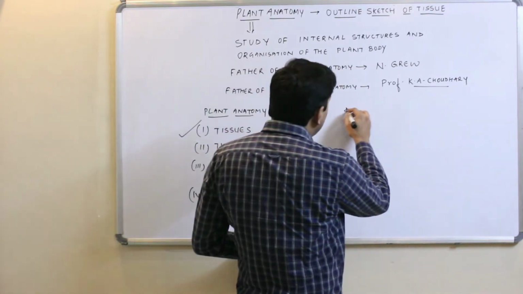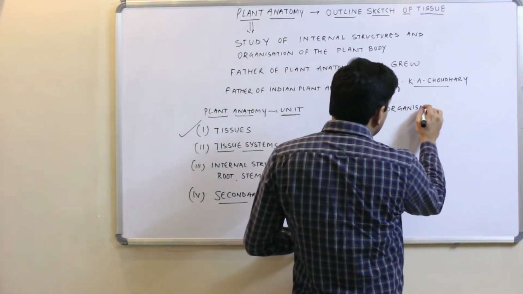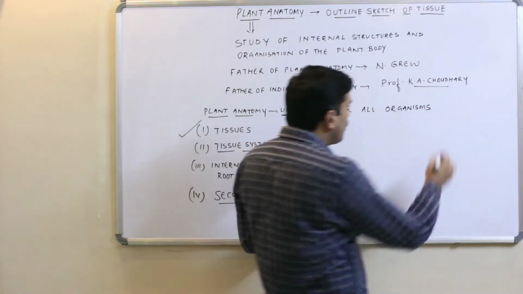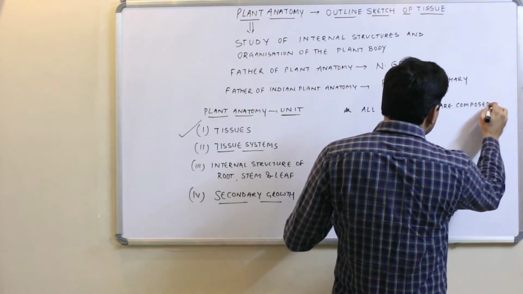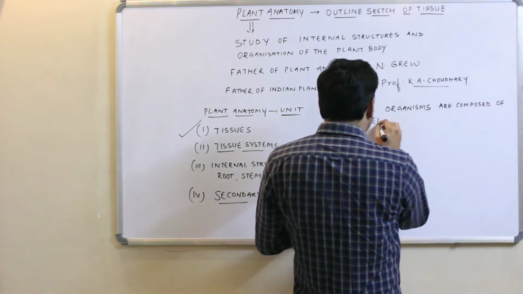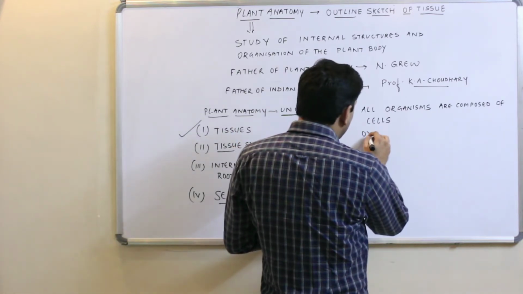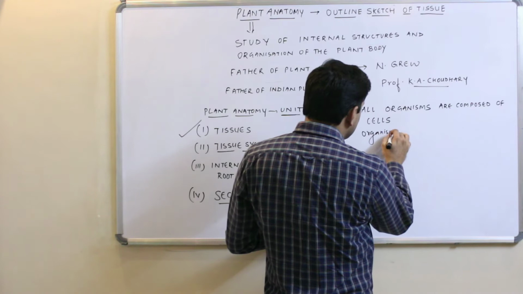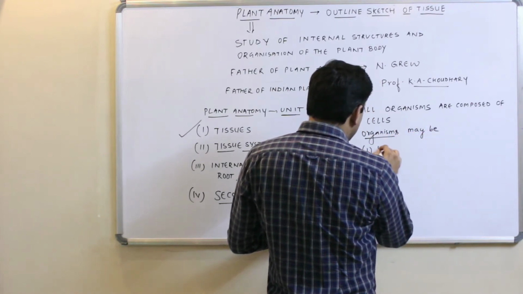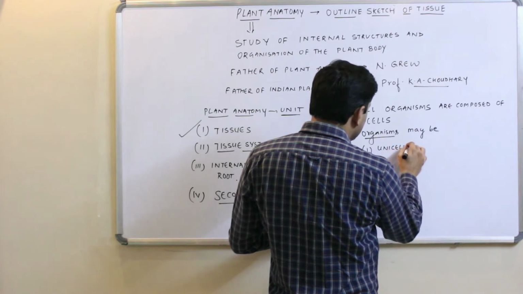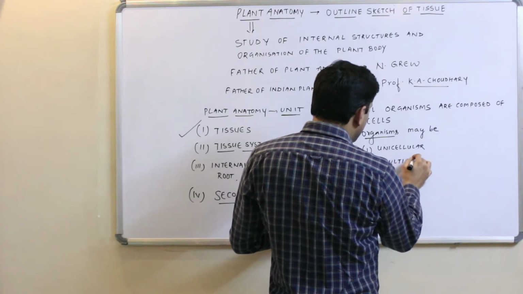Okay, we know very well from cell biology that all organisms are composed of cells, right? And the organisms may be unicellular or multicellular.